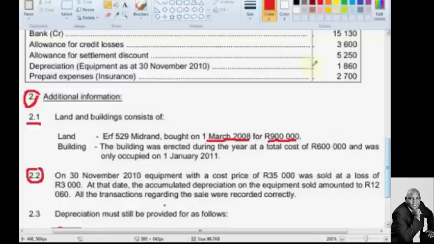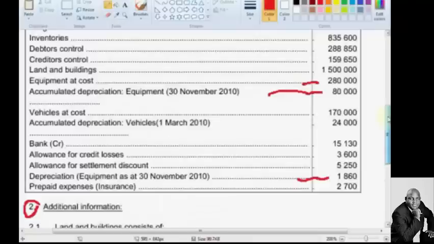Do you see this one here? I think they put it here to confuse you. The depreciation equipment as at 13 November 2010 is 1,860.